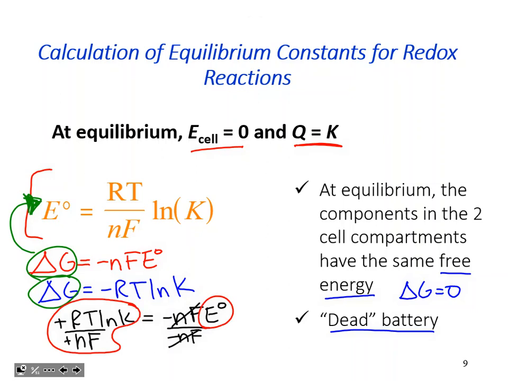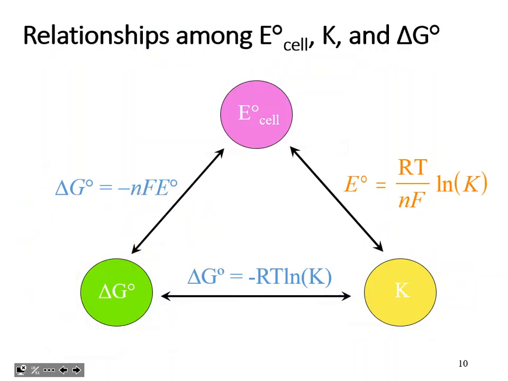Both of these ones are on the formula sheet, so you don't have to memorize those. But this is an equation that might go a little bit quicker for you than having to work both of the other two. Now this also shows the relationship between the three equations. Here's delta G, and here's K, because I know they're hard to see.